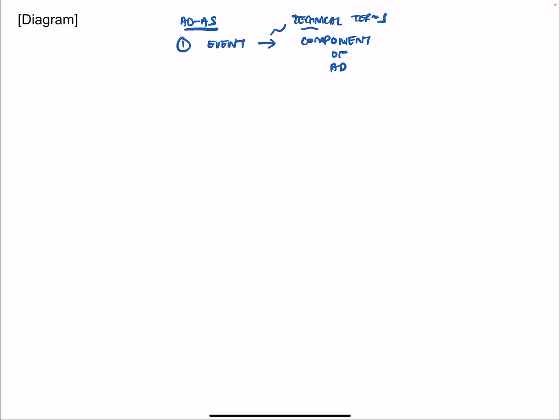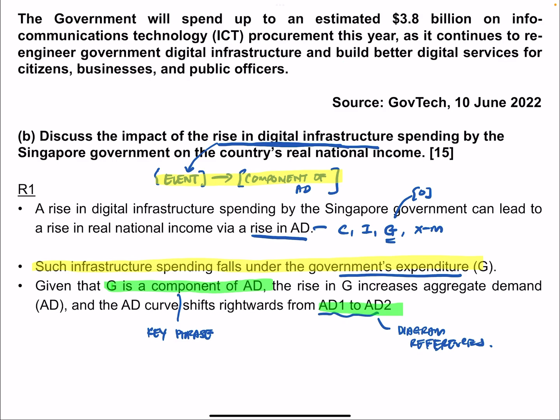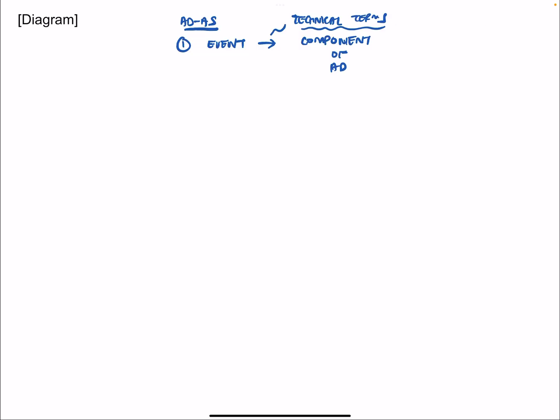For example, if it's interest rates, then the technical terms will be like cost of borrowing and big ticket items. But here, it's digital infrastructure, so there's no need for any fancy technical terms. You just link it to G in this case. So that's done with step number 1.